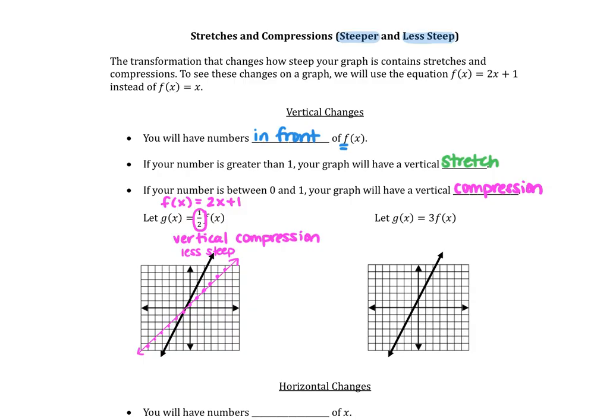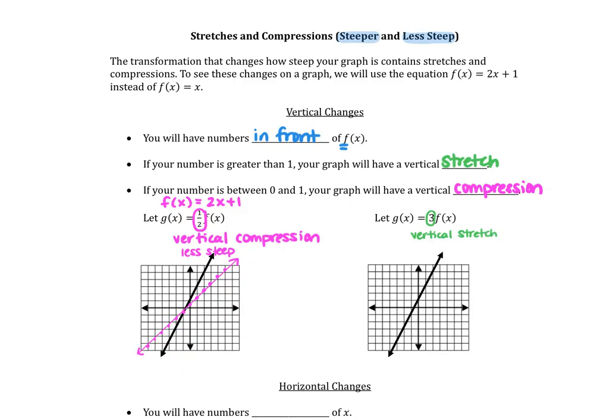You'll notice the change here. It still appears in front of the f, but this time the number is bigger than 1. So it's still going to be a vertical change because it appears in front of the f, but since it's bigger than 1, it is now a stretch, which remember means it's getting longer.